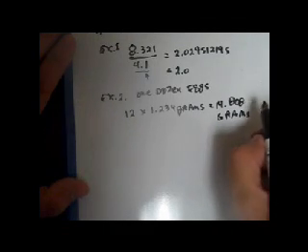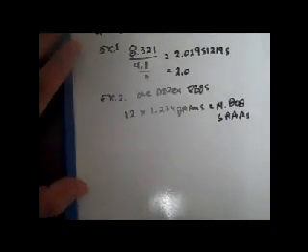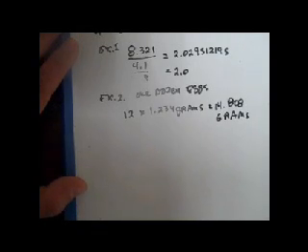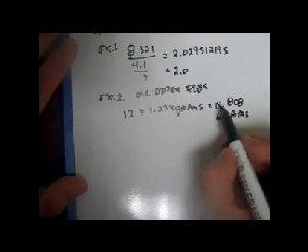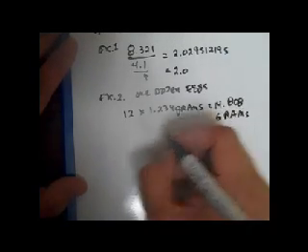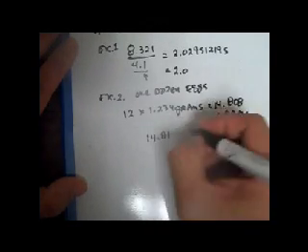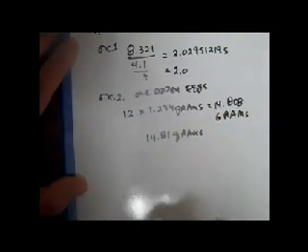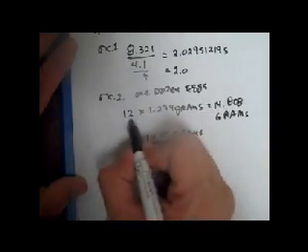So is this the proper way of reporting this calculated number? And the answer might surprise you. Well, basically, we have too many significant figures here. Really, the proper way to report this is 14.81 grams.